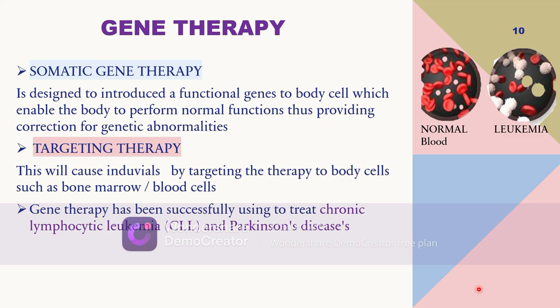Gene therapy: the aim is to introduce a functional gene into body cells, enabling them to perform normal functions, thus providing correction for genetic abnormalities. We know of diseases such as vitiligo, which is gene-oriented and hereditary.